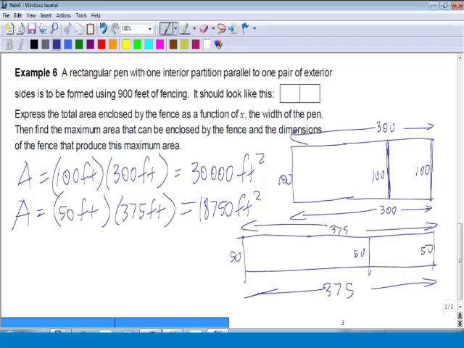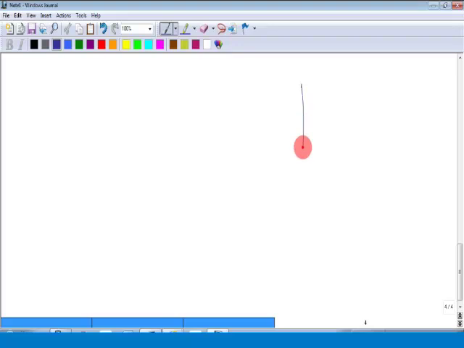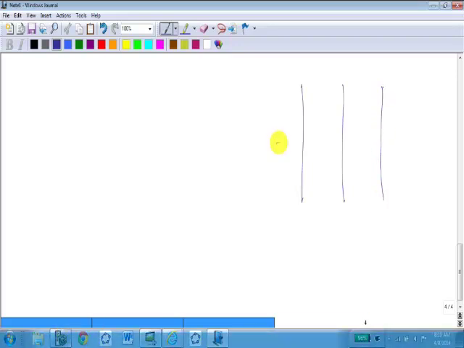So if we're thinking about how to make the dimensions, it makes a difference how wide it is. In this case, if we start at 50 and then make it wider, it would appear that we can enclose more area. Now if we make it too wide, say 200, and then 200, and then 200, like that, how long can we make it?